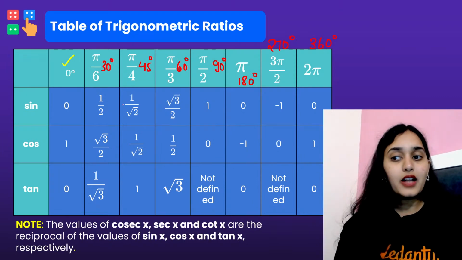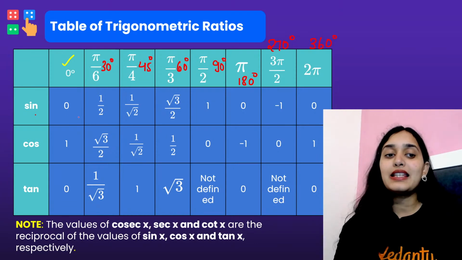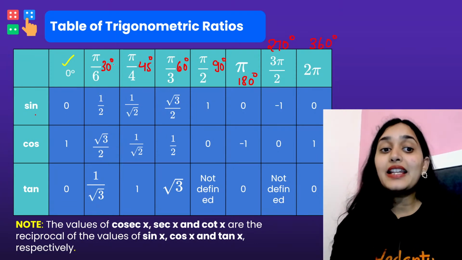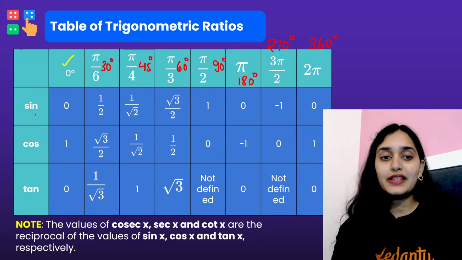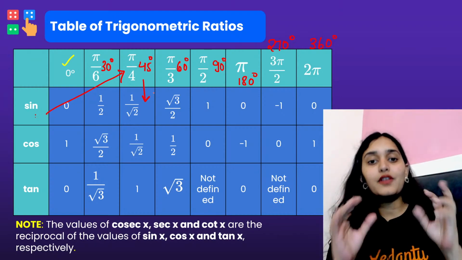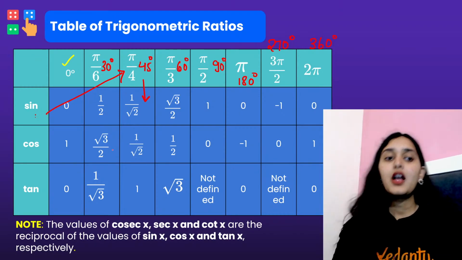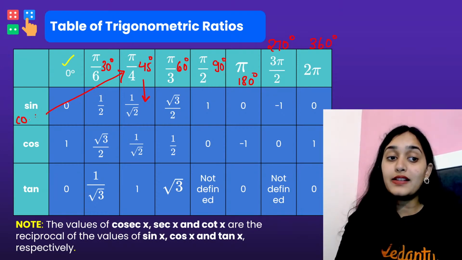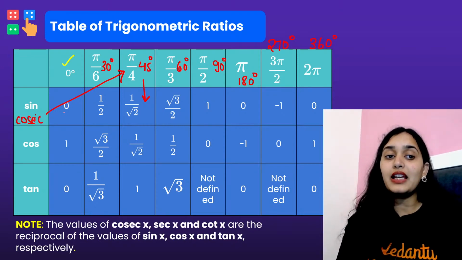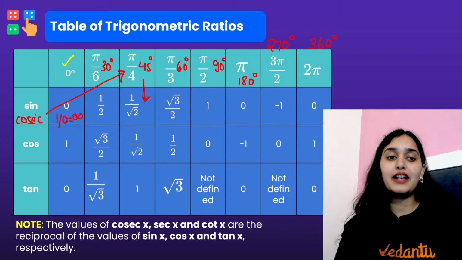So what are the corresponding values? Sine 0 degree is 0. Sine 30 degree is 1 by 2. Sine 45 degree is 1 by root 2. So this table basically tells you the values of sine, cos and tan for these angles. Now if you want cosec 0 degree, what is it? Cosec 0 degree will be 1 upon 0, that is undefined.